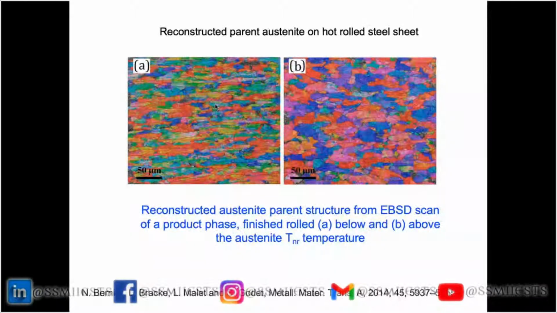By applying such genetic algorithms, we can back calculate the original structure, the structure that existed in the steel at high temperature just before transformation. On the left-hand side, the steel was definitely not fully recrystallized because you have these elongated grains, whereas the steel on the right-hand side was recrystallized because you have more equiaxed grains.